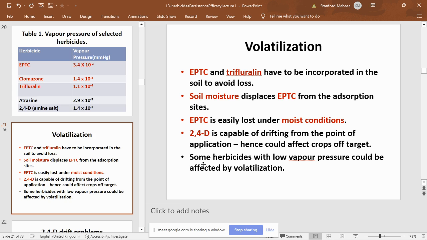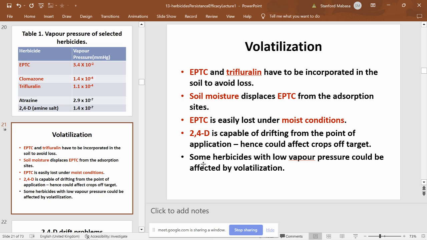When you irrigate, the herbicide becomes available to kill the weeds. So soil moisture displaces EPTC from adsorption sites, then it becomes available to kill the weeds. But if you spray it under moist conditions, then you will lose most of it because it's not going to remain in the soil, because it can only get adsorbed under dry conditions.